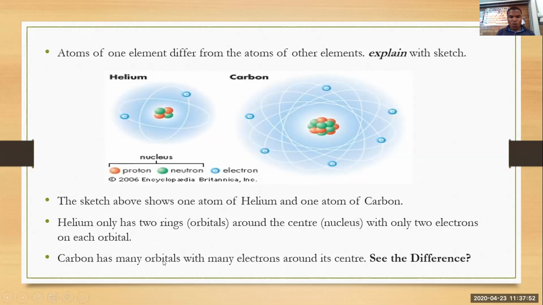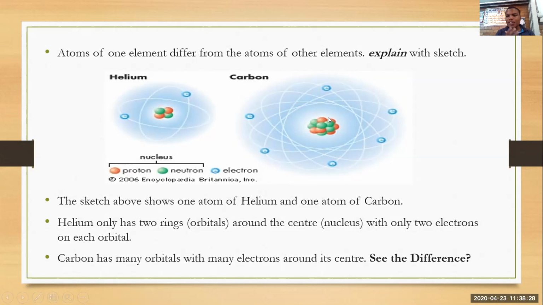Carbon has many orbitals, so it has got many rings and many electrons around its center. Can you see the difference? Look closely. There are only 2 rings here, there are many rings there. There are only 2 electrons there, there are 6 electron spins. There are 4 balls in the nucleus. There are only about 12 balls in the center of the carbon.